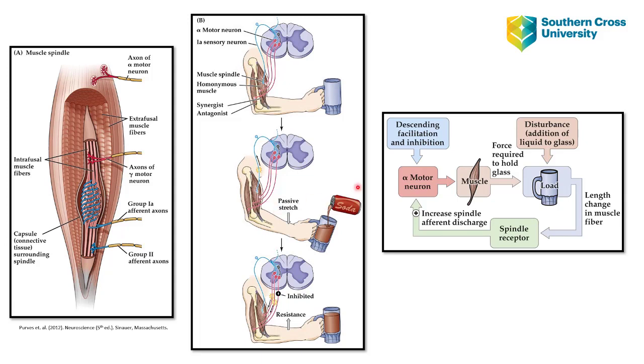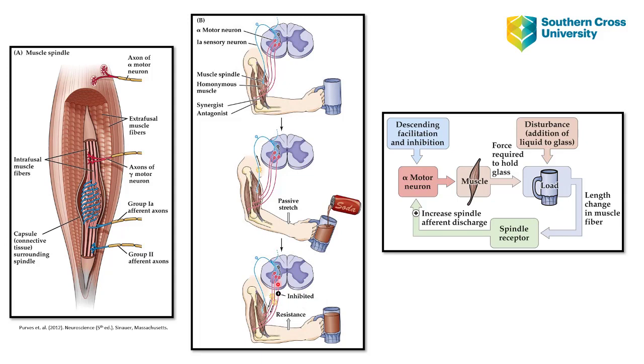So we add the soda in, we get stretch of the bicep muscle, we then get that firing in, we get that afferent volley coming in, and we get a three-pronged attack to attack that issue.